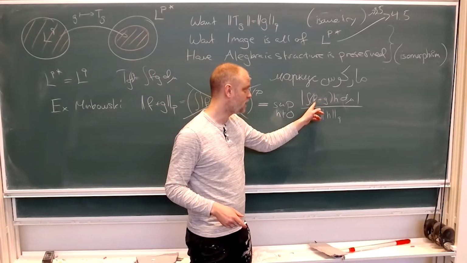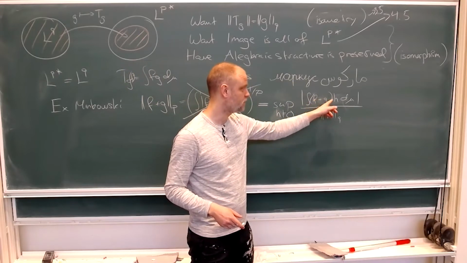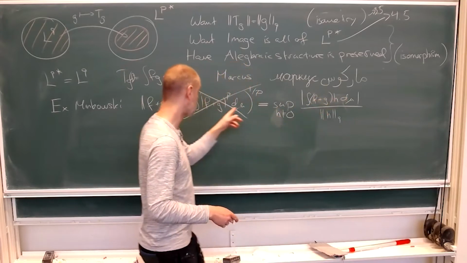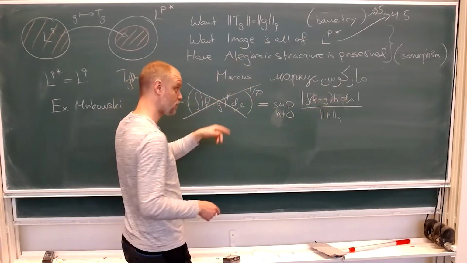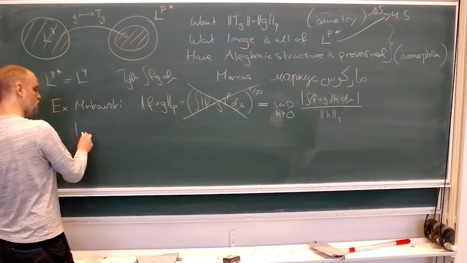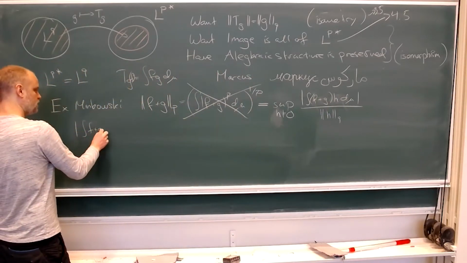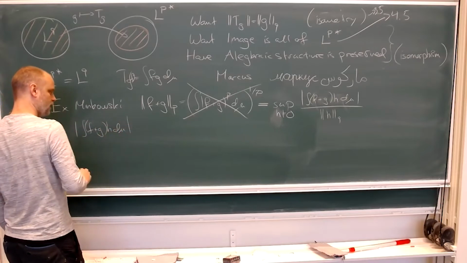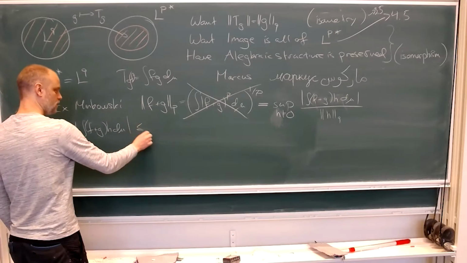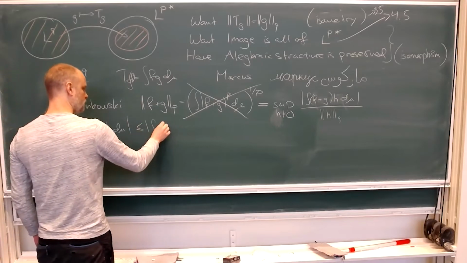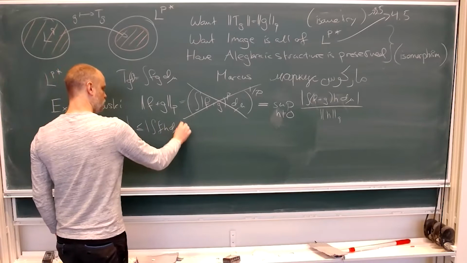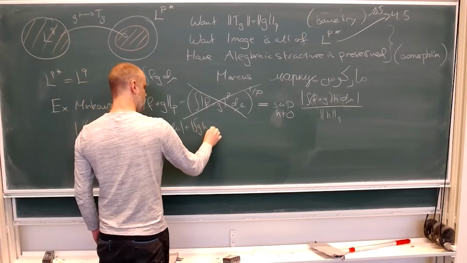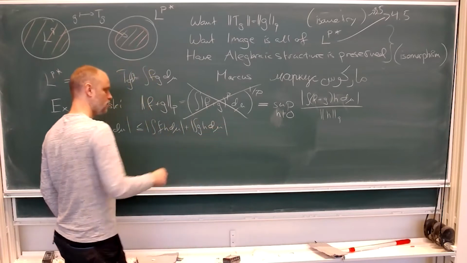This expression is linear in f and g, because I can split this up along the plus, which was completely impossible over here. So if we do a computation here, the integral of (f plus g) h dμ, in modulus, is less than or equal to the integral of fh dμ plus the integral of gh dμ.